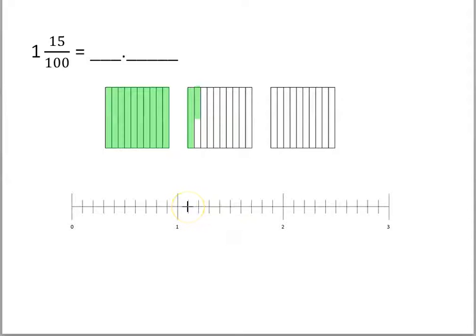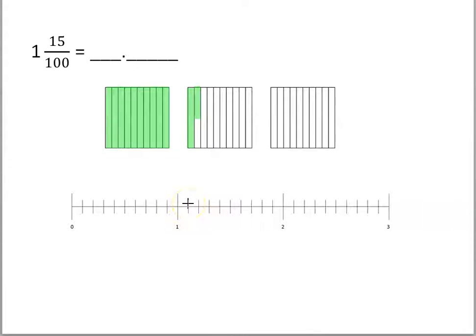I can say this is 1 and 1/10, 1 and 2/10, 1 and 3/10, but I also know those tenths can be decomposed into hundredths, and I can count it 1 and 10 hundredths, 1 and 20 hundredths, 1 and 30 hundredths, and so on. I need 1 and 15 hundredths.